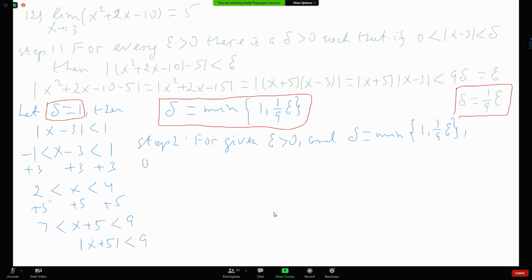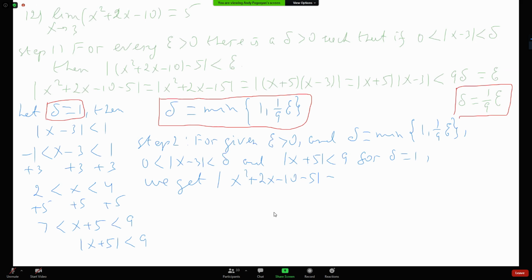So 0 is less than absolute value x minus 3 less than delta, and x plus 5 less than 9 for delta equal to 1.